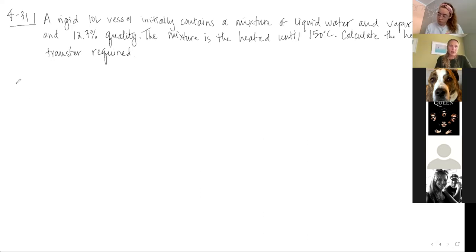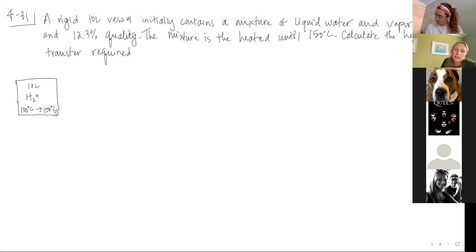All right, so we have some sort of rigid closed tank, which is indicative of chapter 3 and 4. It is 10 liters. It contains water as a mixture, and it is initially at 100 degrees Celsius. And then it is heated up to 150 degrees Celsius.